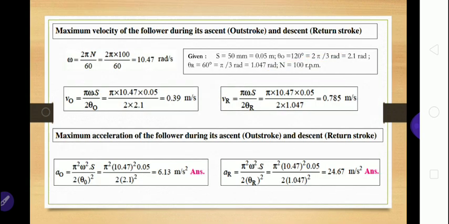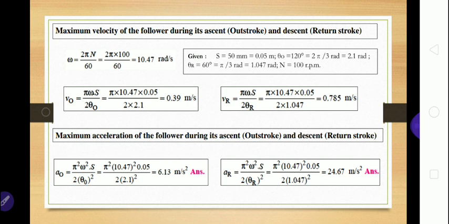One more thing asked in this problem is that we have to plot the velocity, acceleration and displacement diagrams also. The displacement diagram we have already plotted; what remains are the velocity diagram and acceleration diagram. For that purpose we first have to find the maximum velocity of the follower during the outstroke and return stroke, and similarly the maximum acceleration of the follower during the outstroke and return stroke.